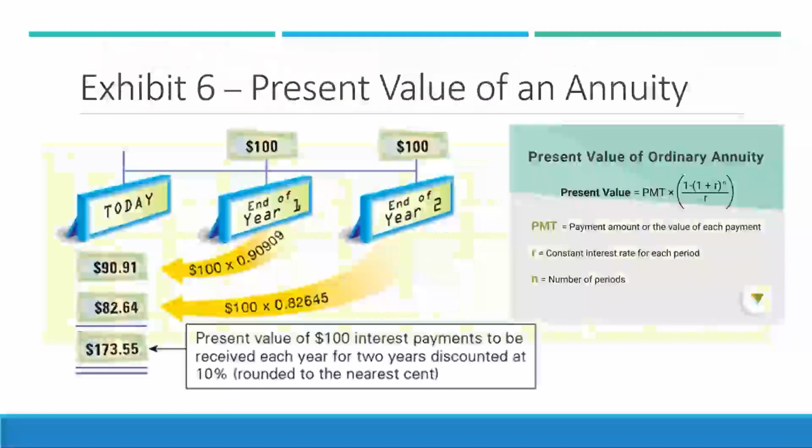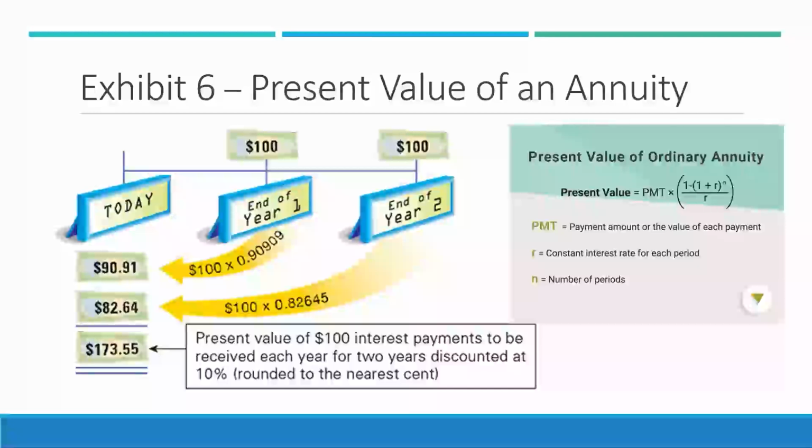For example, this bond was a $1,000 bond that was issued at 10% interest. It's the same one that we looked at in the previous slide. This one only pays the coupon annually to make it simpler for this example, and it pays $100 at the end of each year.